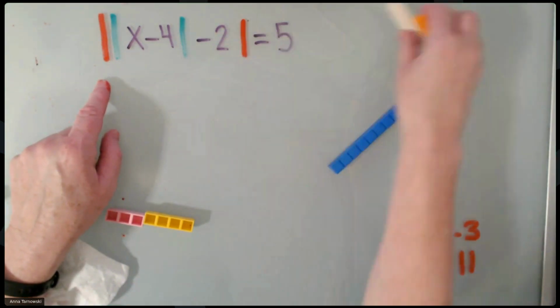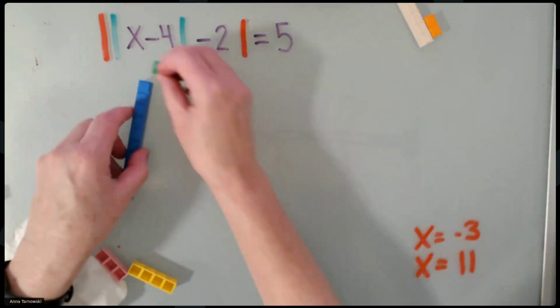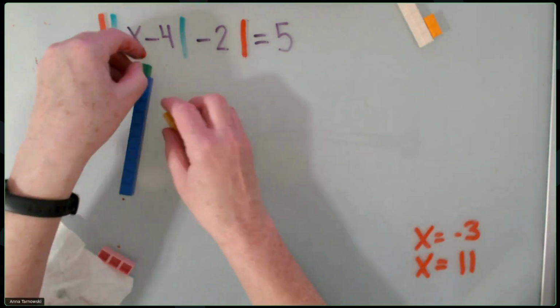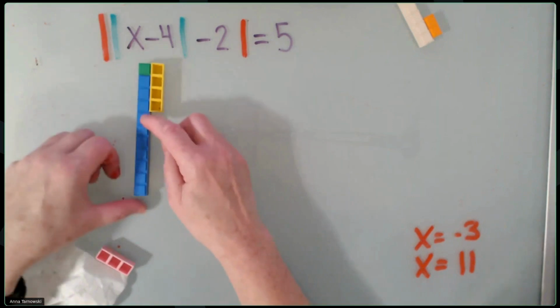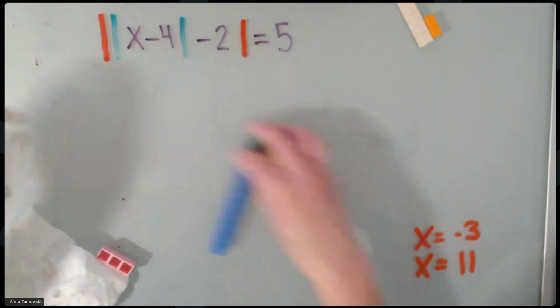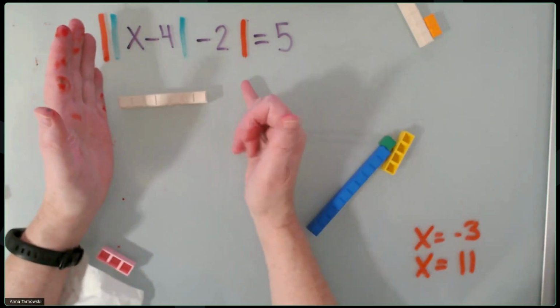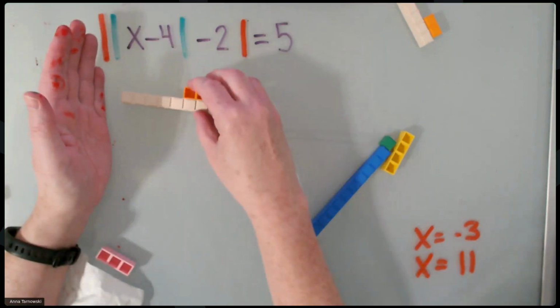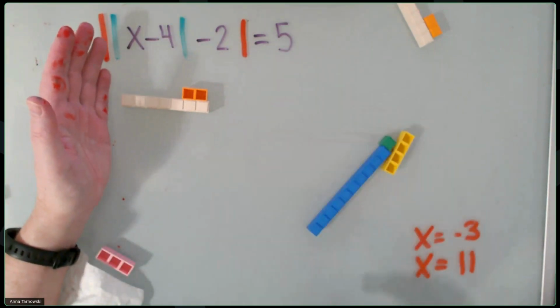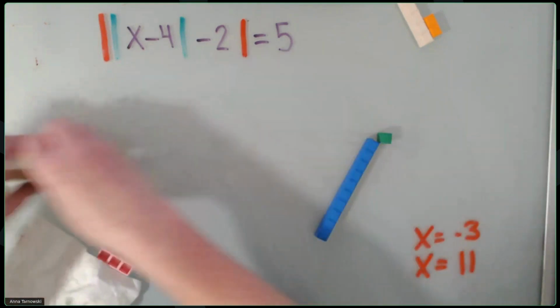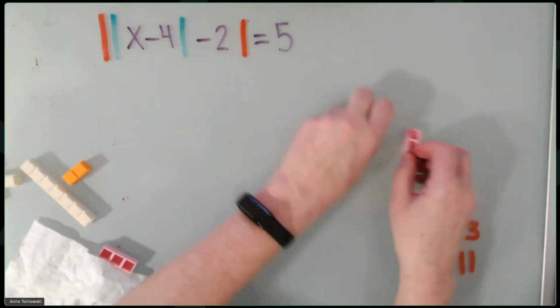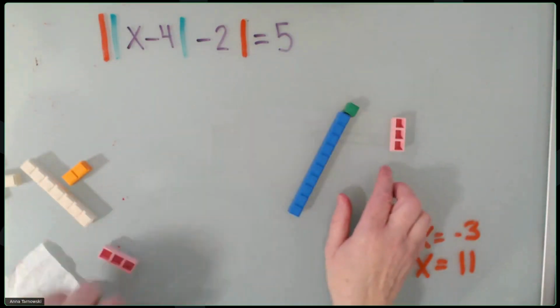That works, okay? Let's do the 11. The absolute value of 11 and negative 4 is 7, okay? The absolute value of 7 and negative 2 is 5. So we can see that these two things are what our x is. X is either 11 or x is -3.